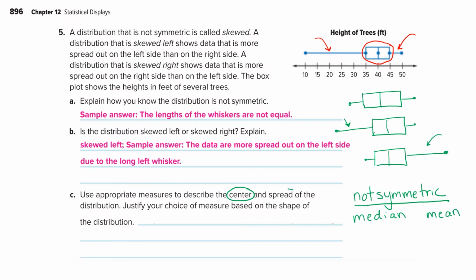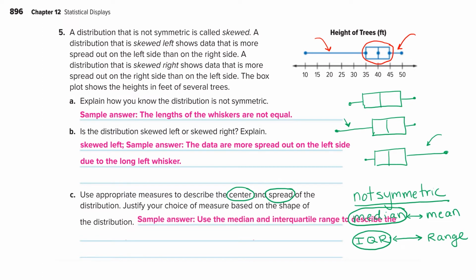Our choices for spread are interquartile range and range. We have to pick median or mean, so we're going to pick median because it's not symmetric. And we have to choose interquartile range or range. We're going to pick interquartile range.